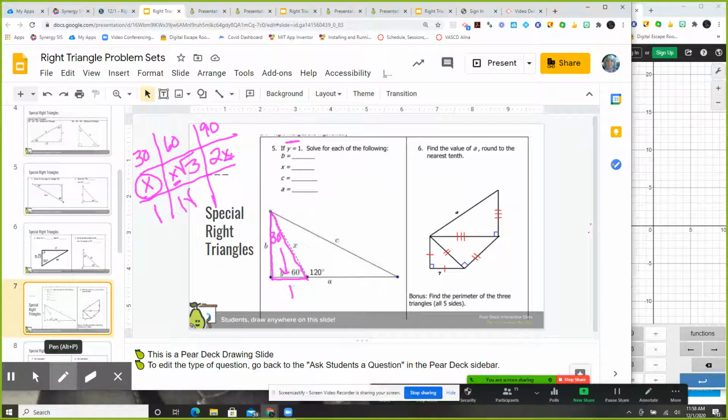So 1 times the square root of 3, and 2 times 1, which is 2. So which letter is 1 times the square root of 3? B is, absolutely. So that's square root of 3. And then where do I put the 2? Mm-hmm.